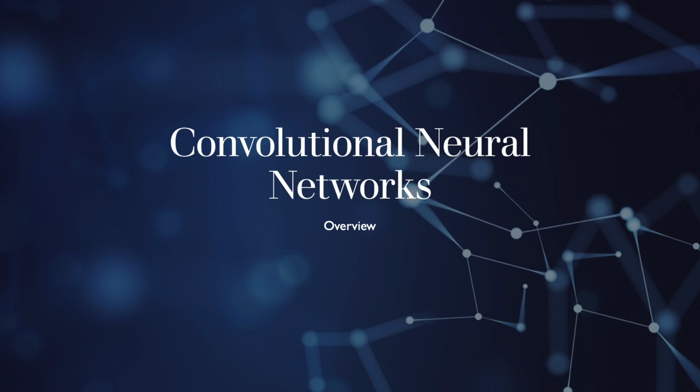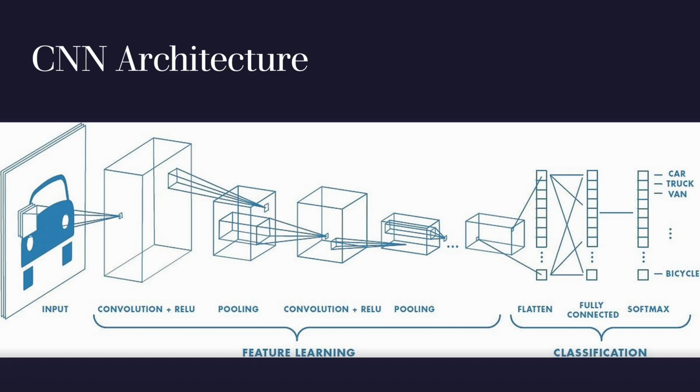Before diving into the implementation details, let's review what convolutional neural networks are. Convolutional neural networks are specially designed to process grid-like data, such as images. They use layers that perform convolution operations to extract features like edges, textures, and patterns from input images.